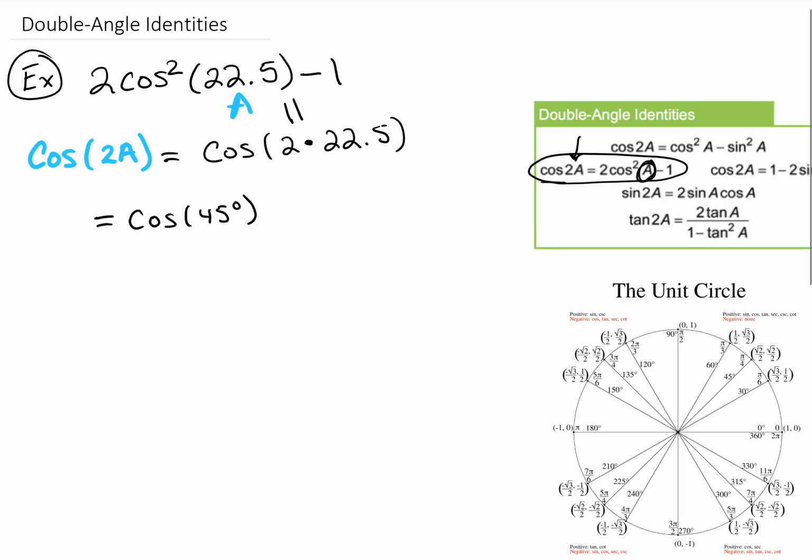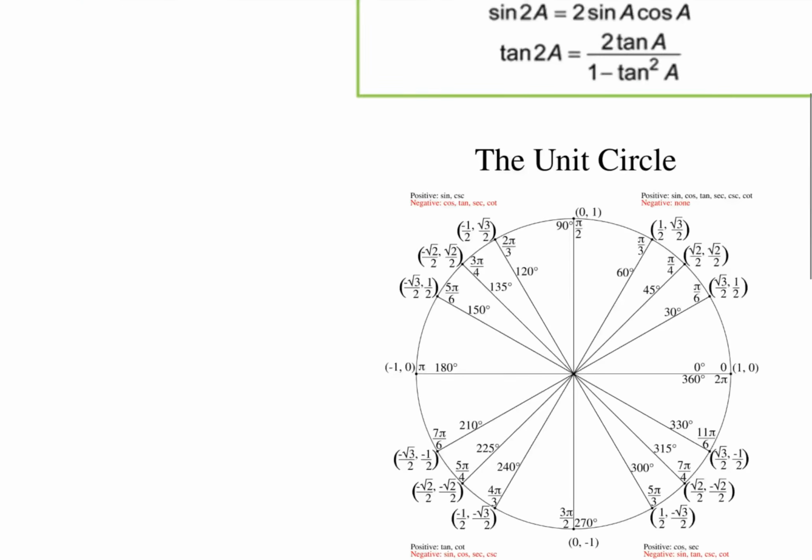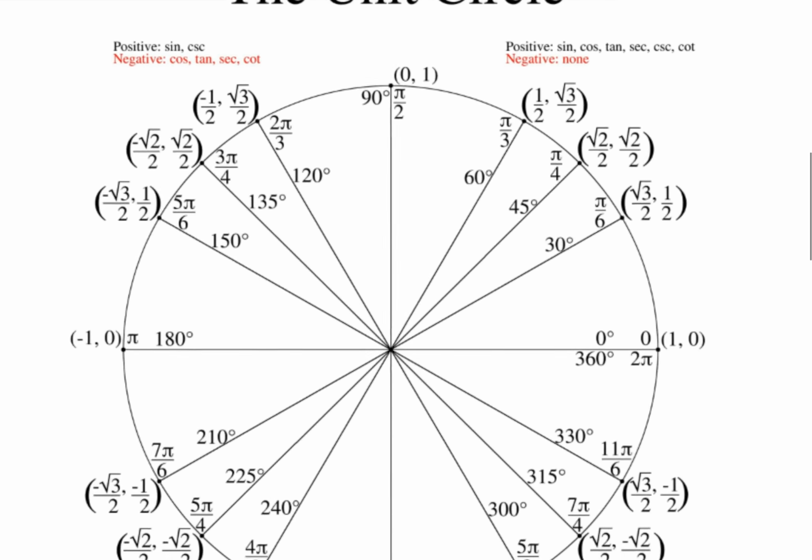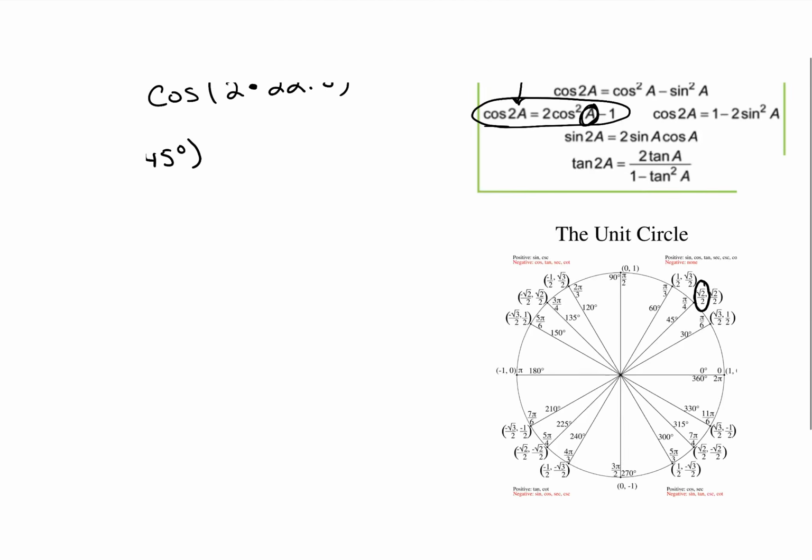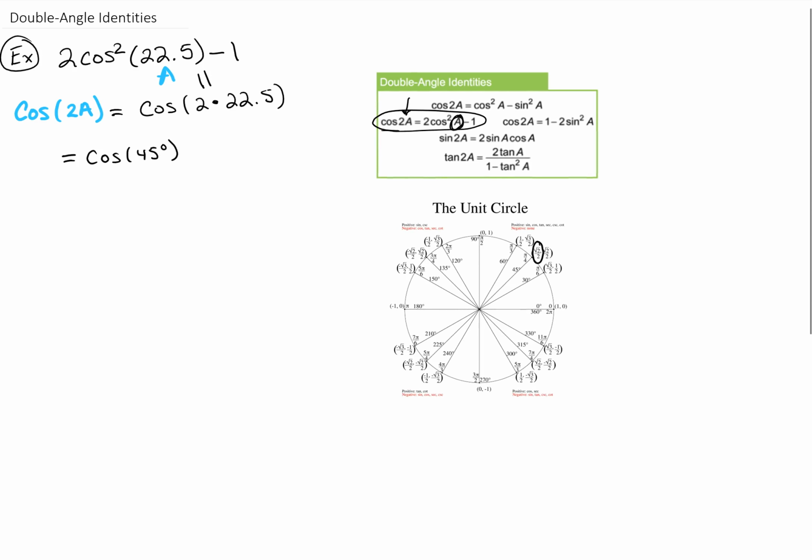And if you have your unit circle handy, all you have to do is look it up. So let's go ahead and look at our unit circle here. We're going to look at 45 degrees, and our cosine is this value right here of square root of 2 over 2. So the answer to this right here is the square root of 2 over 2. And that's the answer to the entire problem.